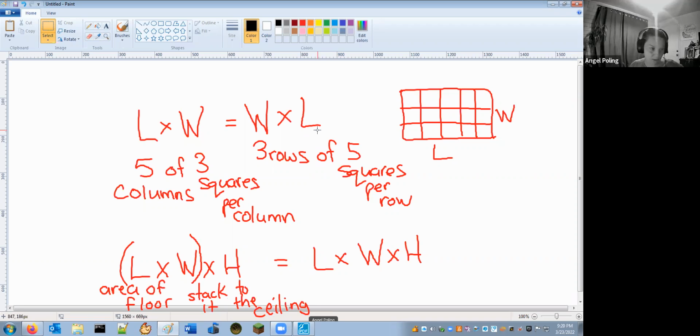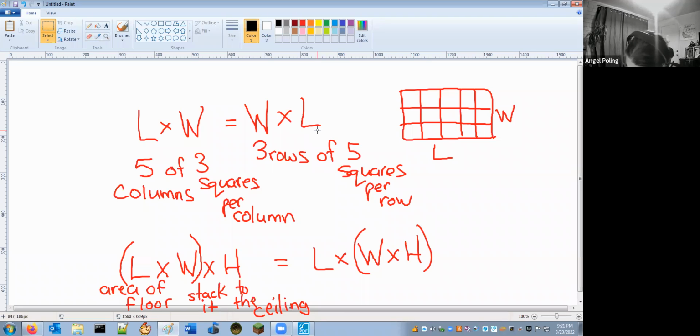So volume that way, take the area of the floor, stack it to the ceiling. Or you can take the area of the wall and stack it out the distance of the room. And that will also fill the room with volume, right?